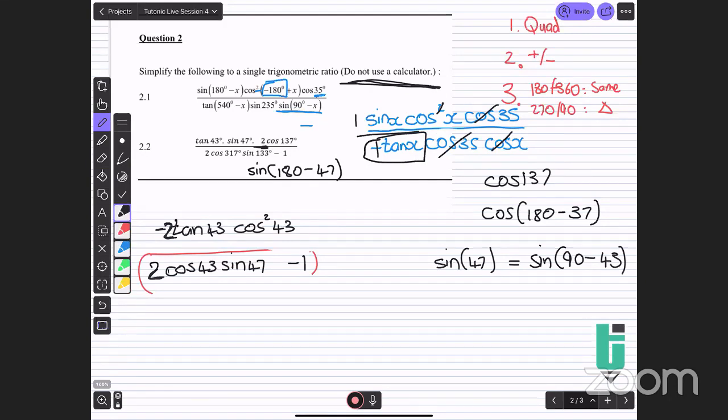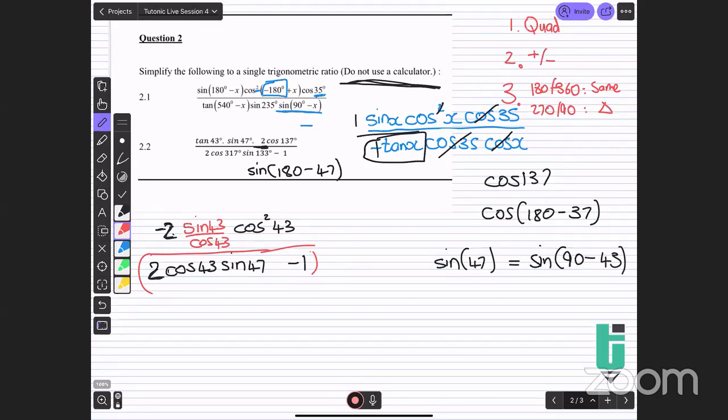Right, now what can we do next? The tan. What can we do to the tan? Change it to sine over cos. So it's going to be sine 43 over cos 43. The cos 43 cancels with the bottom one.